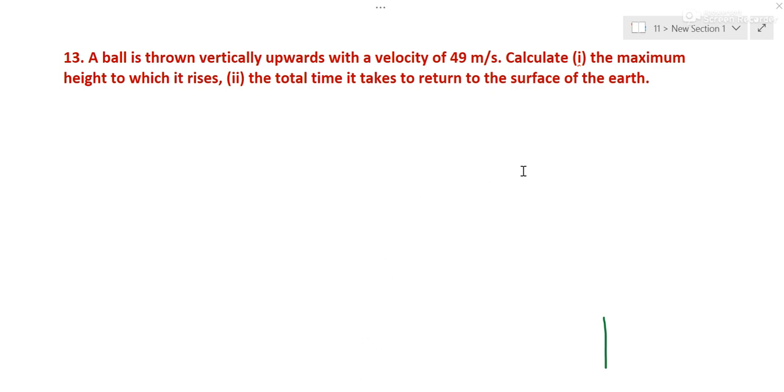A ball is thrown vertically upward. So when the ball is thrown vertically upward, what do we know? That final velocity would be 0. Okay, so final velocity is 0. This is initial velocity, 49 meter per second.